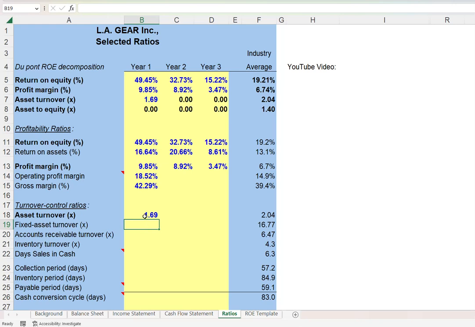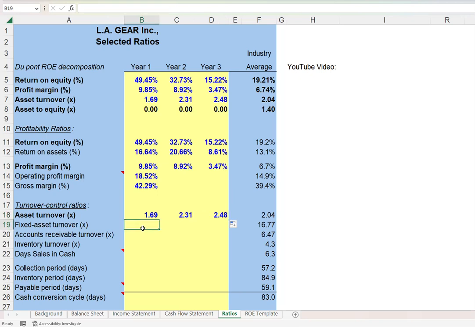And in year 1, we were generating $1.69 in sales for every dollar we had in assets. By year 3, that improved to almost $2.50 in sales for every dollar in assets. So we've gotten more efficient at generating sales with our assets.